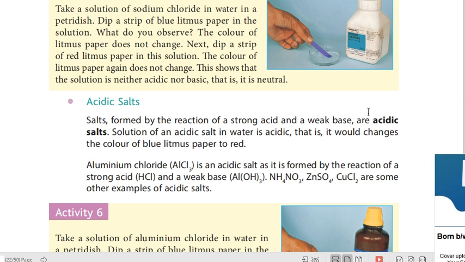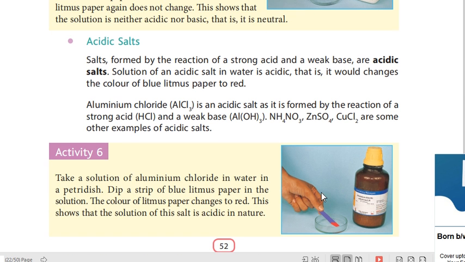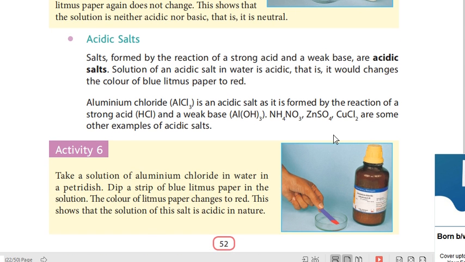aluminum chloride. In the salt aluminum chloride, aluminum is taken from aluminum hydroxide, that is a weak base, and chloride is taken from hydrochloric acid, that is a strong acid. So the salt formed will be acidic in nature and hence it is called an acidic salt. Similarly, ammonium nitrate, zinc sulfate, copper chloride.